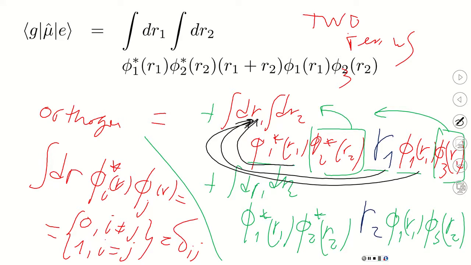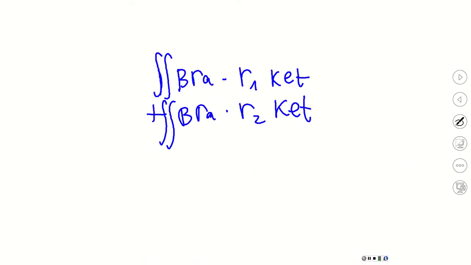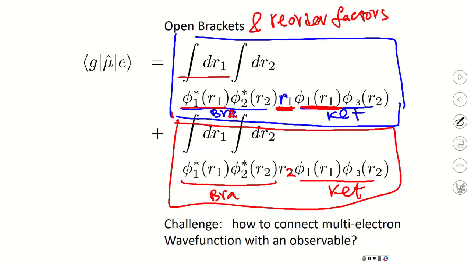So with R1, it will be first electron, first orbital, second orbital, second orbital, first and first, second and third, integration over R1. And the second term will be the same, but here will be R2, position of the second electron. Okay? Two terms. One for position of first electron, second for position of second electron.